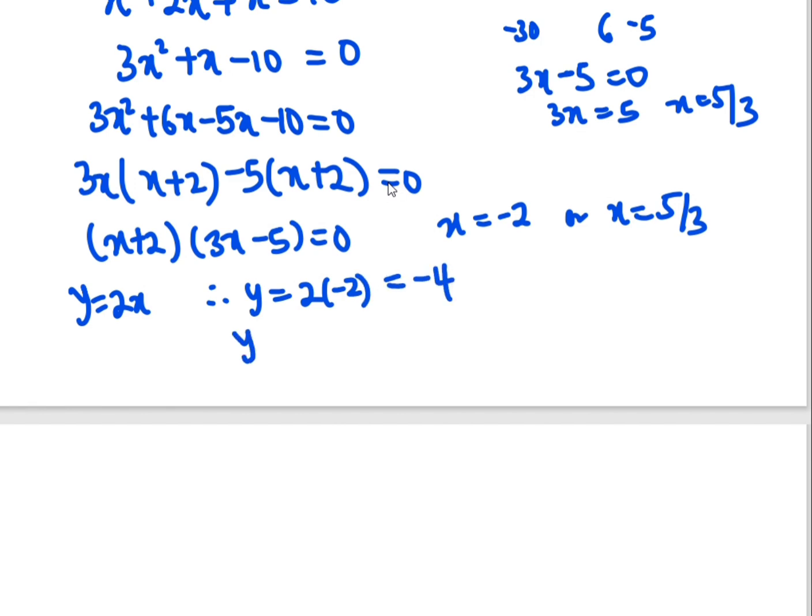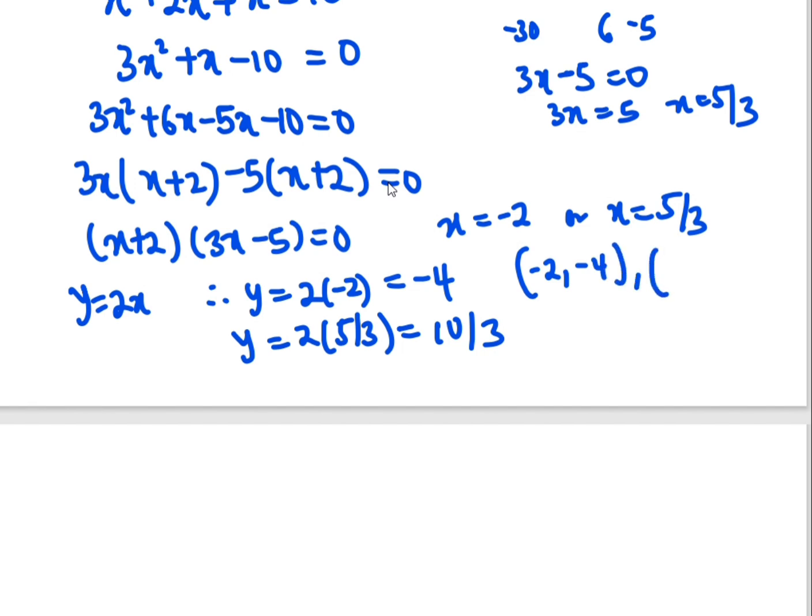Also, when x is 5 over 3, the value of y is 10 over 3. So these are the values that we have. In a nutshell, in pairs of values, when x is negative 2, y is negative 4. And also, when x is 5 over 3, y is 10 over 3.